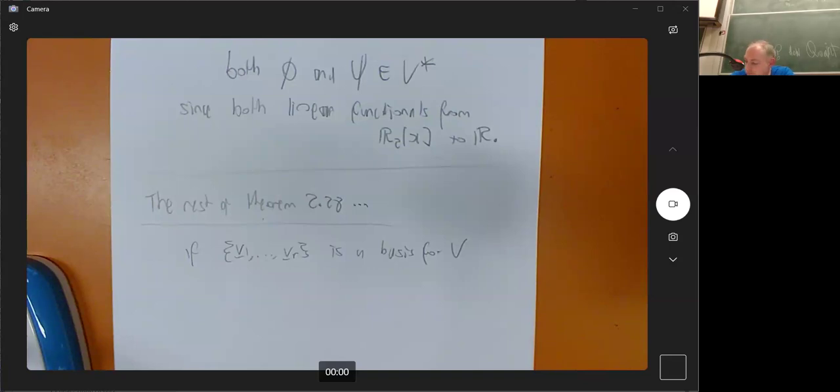Then you can create a matching basis for V star in such a way that the number that phi produces is 1 if you sub in the matching V.